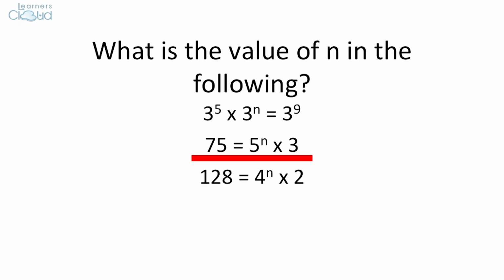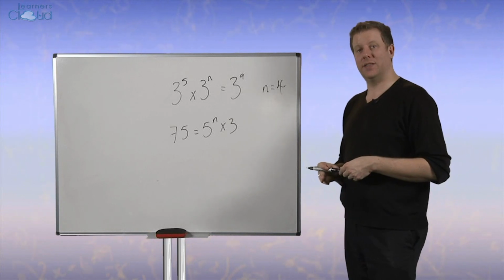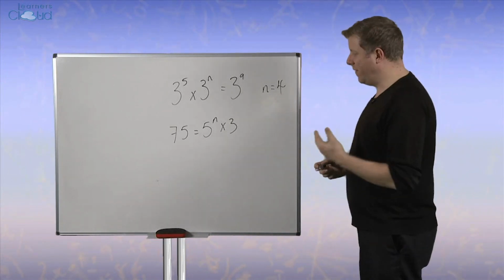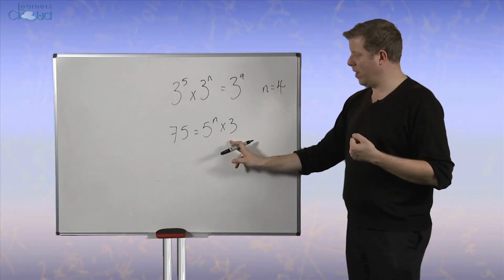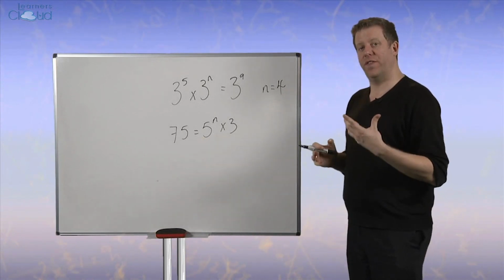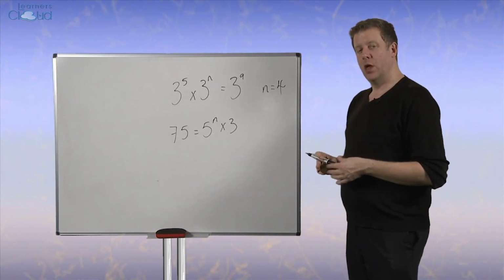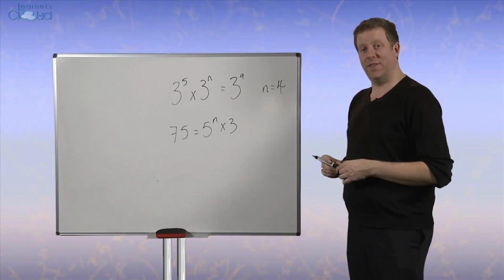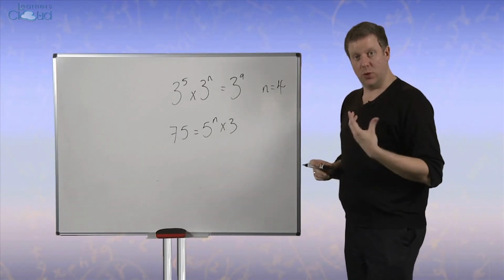Let's have a look at another example. So in this one, they tell us that 75 equals 5 to the power of n multiplied by 3. And again, they want us to work out what n is. Now, you may be able to spot this straight away, but if not, use the fact that we've multiplied this by 3 to get 75 as your first step of working out. So when you think to yourself, what number multiplied by 3 would give me 75, you should come up with 25.